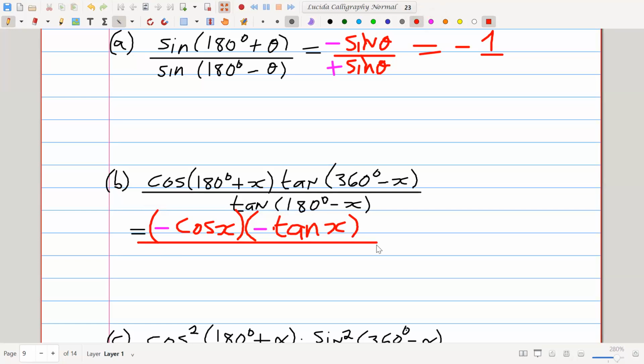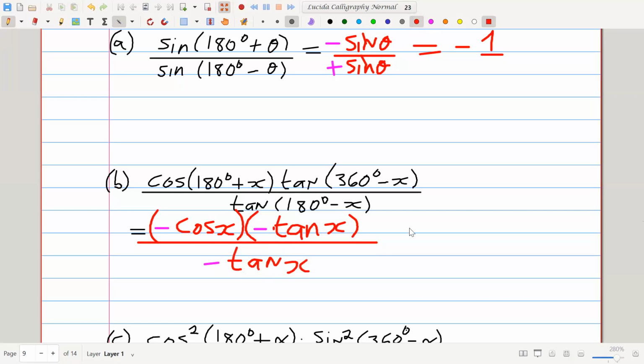And then the denominator is actually just tan of 180 degrees minus x, remember that is your second quadrant. And then what is the sign of tan there? It's actually negative. So we'll end up having negative tan x.